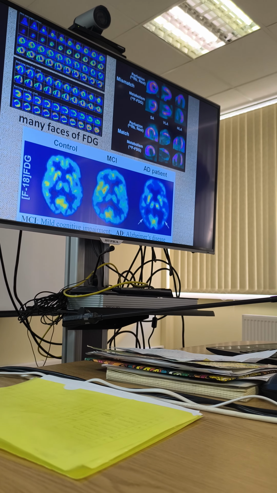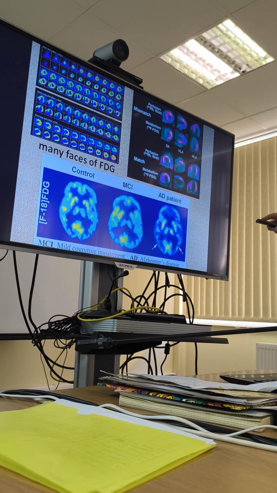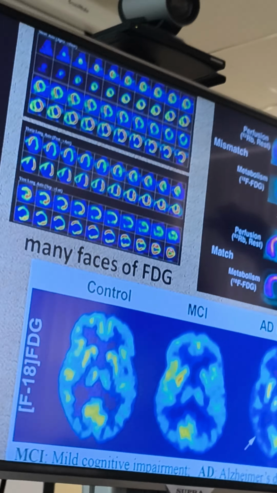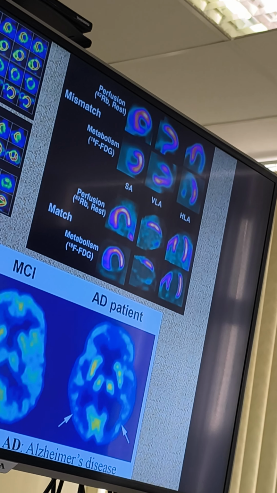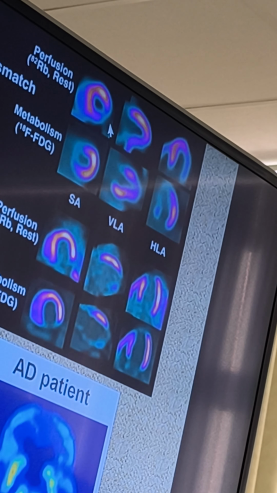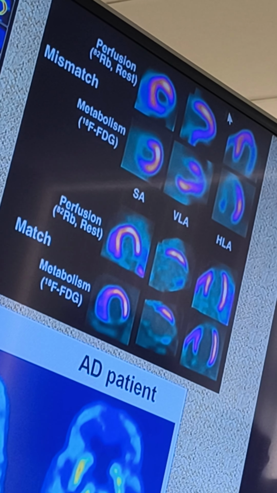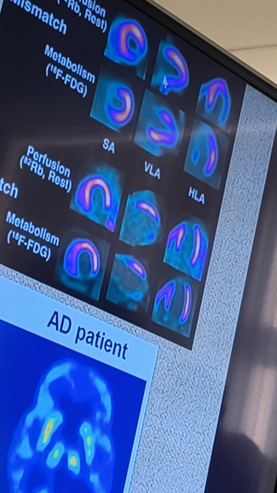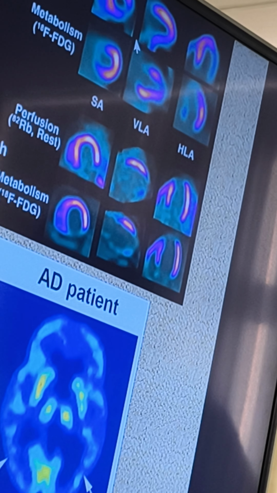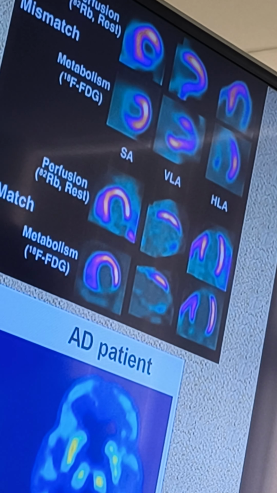These are slices from a heart study. This is axial, and these are two longitudinal studies. And the heart is supposed to be like a horseshoe, and both parts of this horseshoe should uptake this. And in this patient, we see that only half of this horseshoe is uptaken, and this is what we name a cold spot, cold area, and this is the area of ischemia.